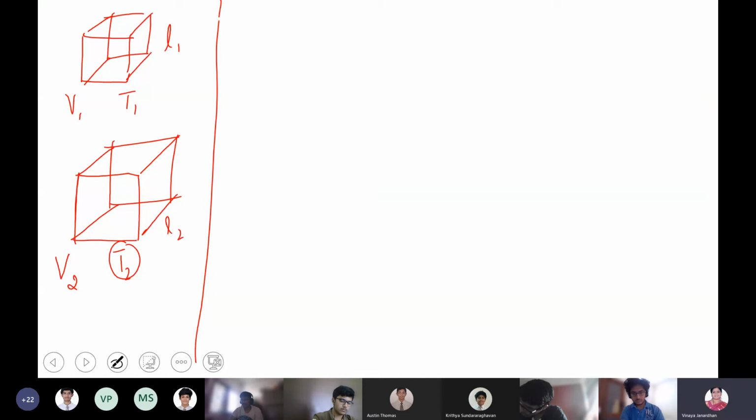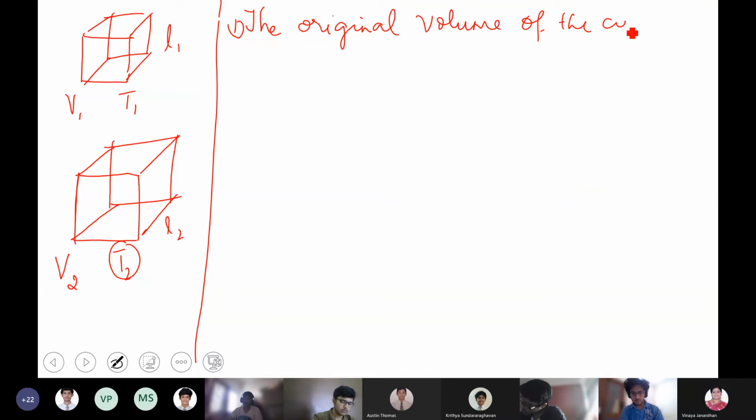Are you clear, boys? So the first step, the original volume of the cube is V1.